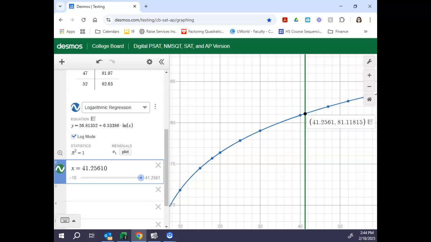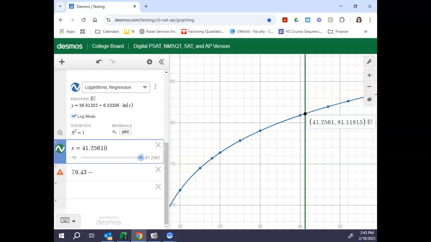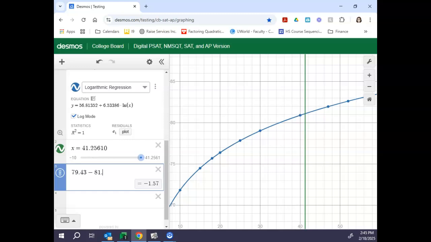Okay. And remember, I wanted my actual minus my predicted. The actual was 79.43 minus, lost my point again. And then I need that 81 number, but I'm going to type in the whole thing, 81.11, 815.